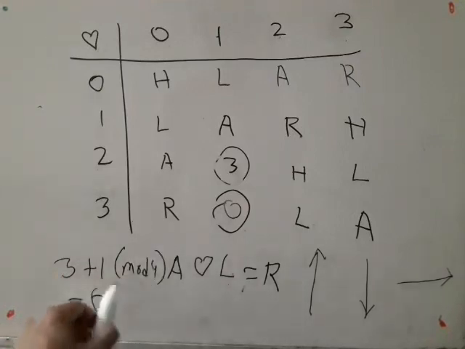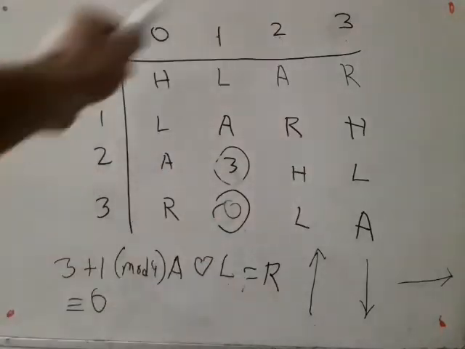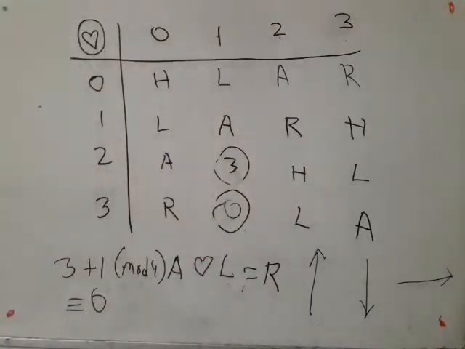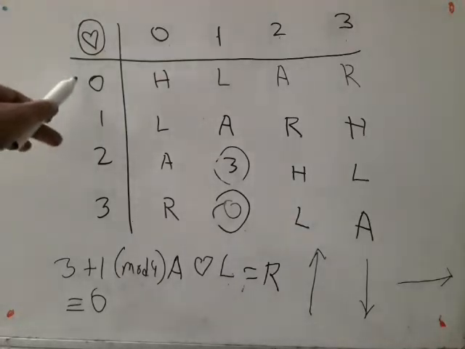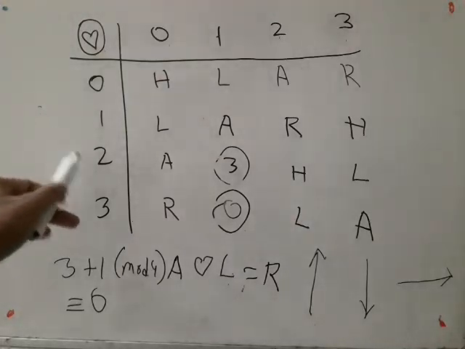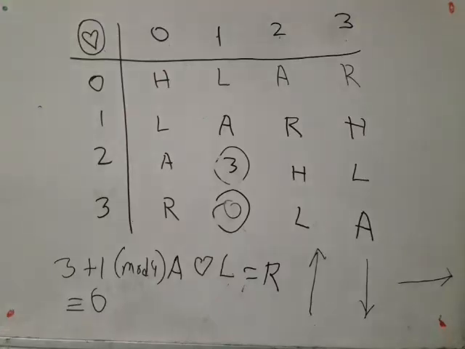That will indeed be 0. So this binary operation may be considered to be the same as the binary operation of adding modulo 4 if you encode H as 0, L as 1, A as 2, and R as 3.